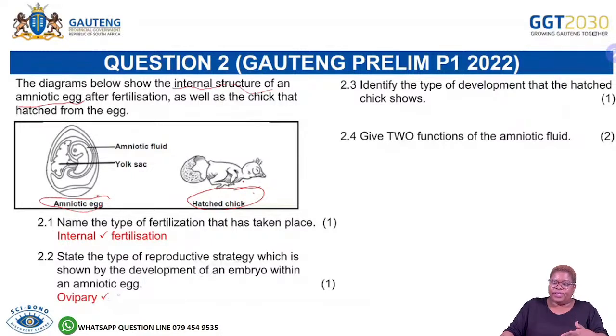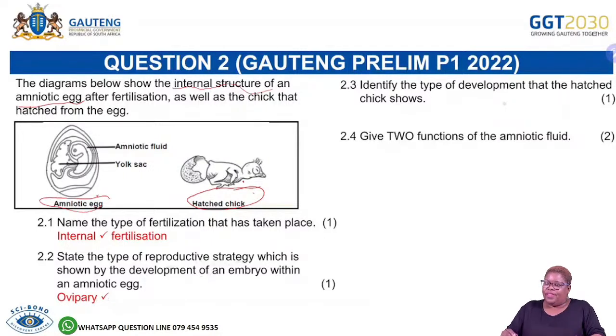Remember, for this topic, reproduction in vertebrates, it carries 8 marks of paper 1. Okay, so these are just the questions that are going to assist you to get those 8 marks. Hence, I took these questions from different past papers.